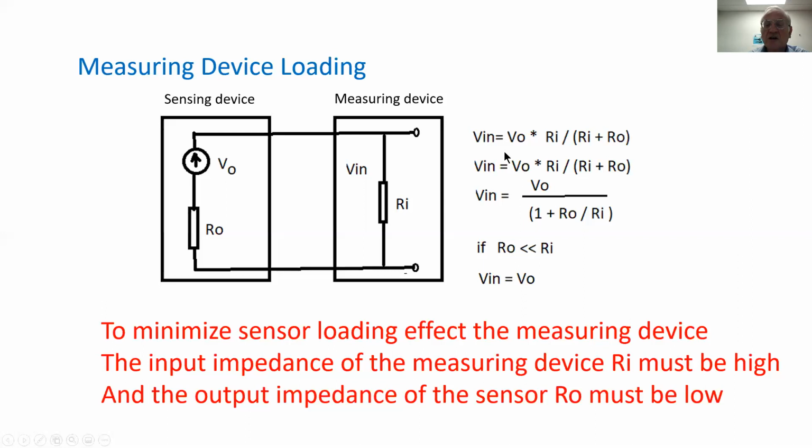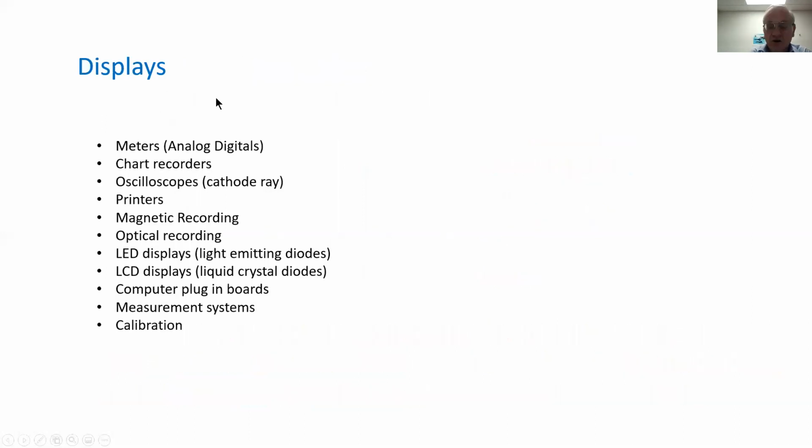If we rearrange the terms, the voltage at the measuring device equals the output divided by 1 plus this ratio. So in order for Vin to be equal to Vo, then Ro has to be small and Ri has to be large.